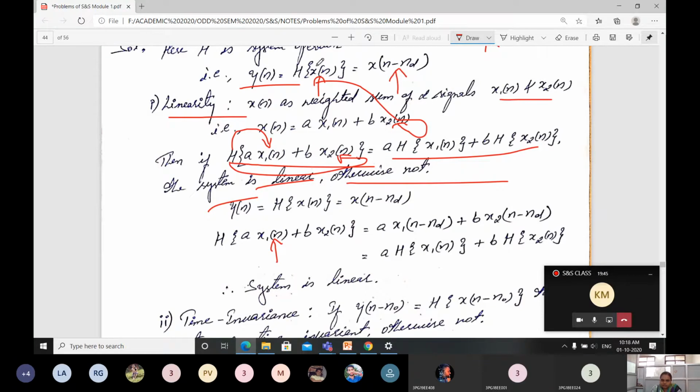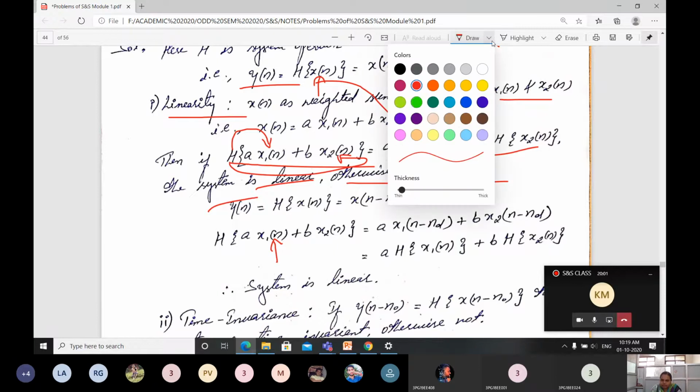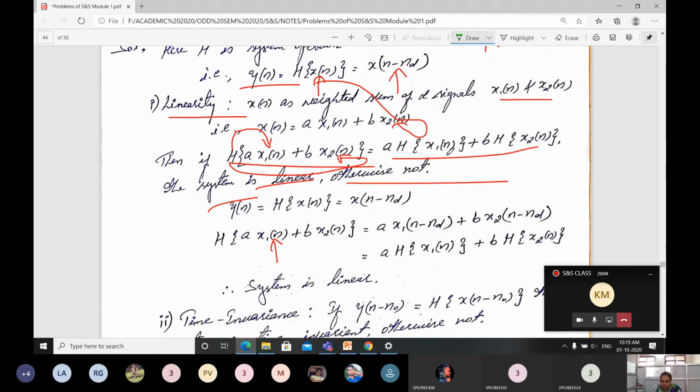So h of the whole I can write as a x1 of n minus nd plus b x2 of n minus nd. Instead of x of n, if I write x1 of n, the output changes to x1 of n minus nd. Just substitute wherever it is x1 of n with x1 of n minus nd.